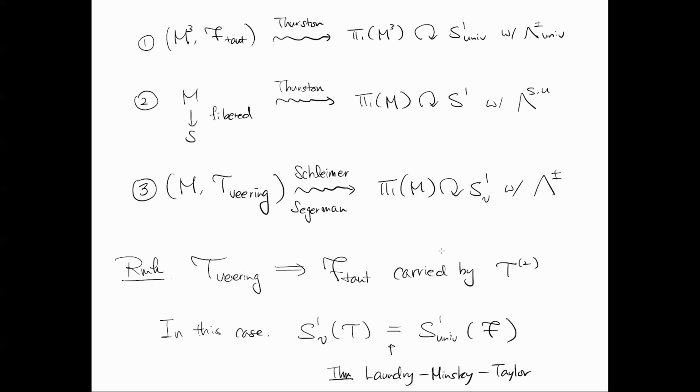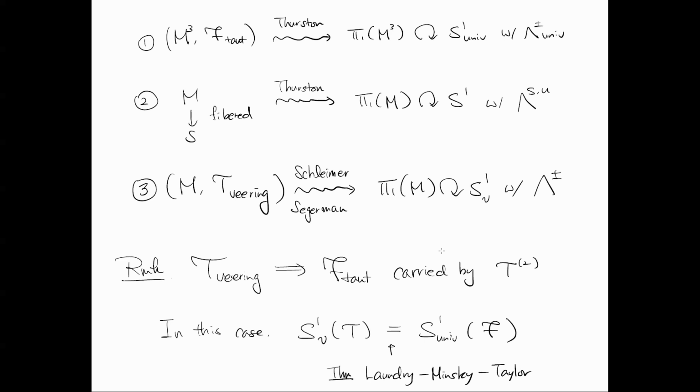So in this case, you do have the veering circle coming from the veering triangulation by the work of Schleimer and Segerman, and also this taut foliation gives you the universal circle using the work of Thurston. And recently, Landry, Minsky, and Taylor said that this veering circle can actually be considered as a universal circle of the taut foliation. I said can be considered because the universal circle is actually not unique.